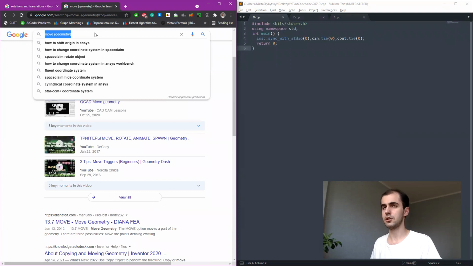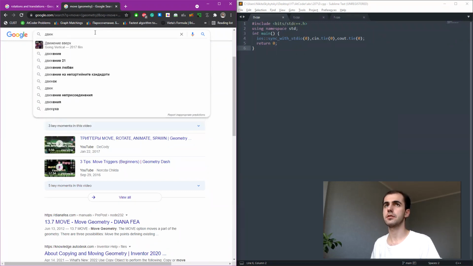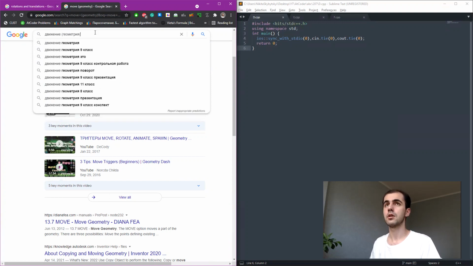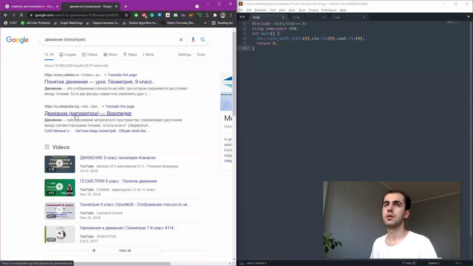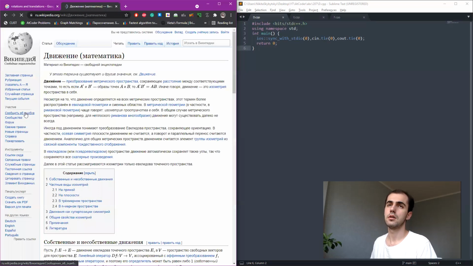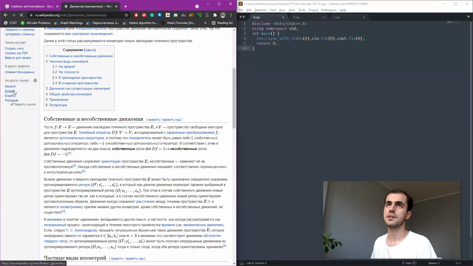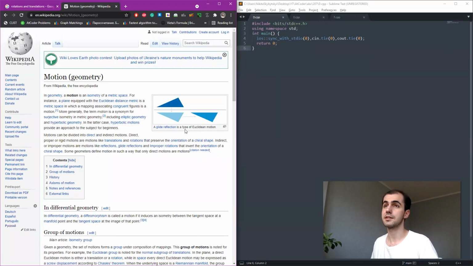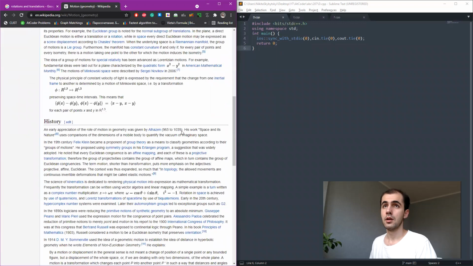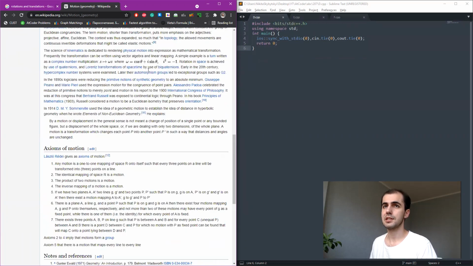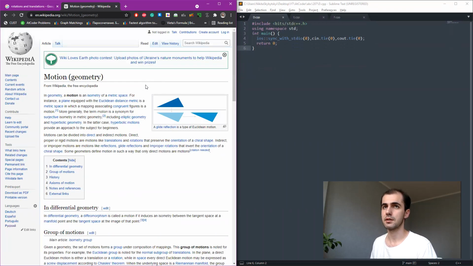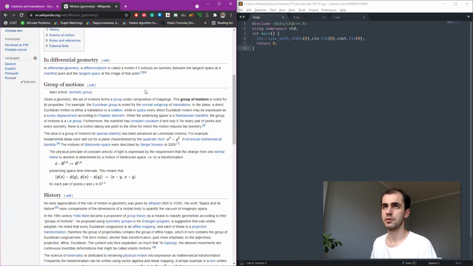Dude, I don't know how to Google that in English. I just know that in Russian we call it move. What is it? Motion? Okay, yeah, makes sense actually. Group of motions. Given a geometry, yeah, but can you please tell me something more specific about that group of motions?